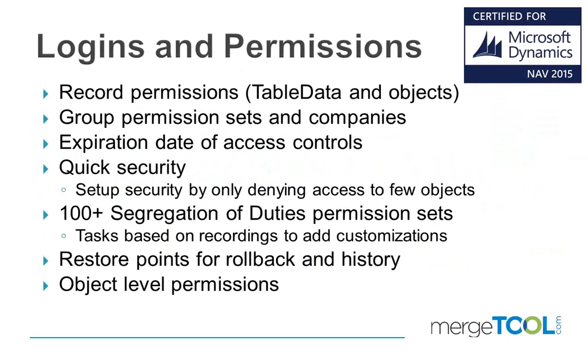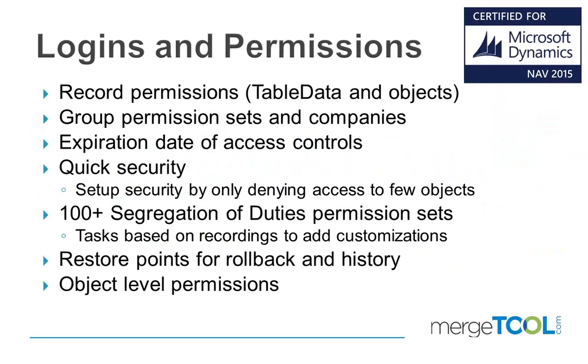Let's look at the login and permission part, the standard NAV security. One of the things we can do is record permissions. We record both data access and object execution. By knowing what objects are needed to be executed for a process, we can activate a whole new level of security very easily.